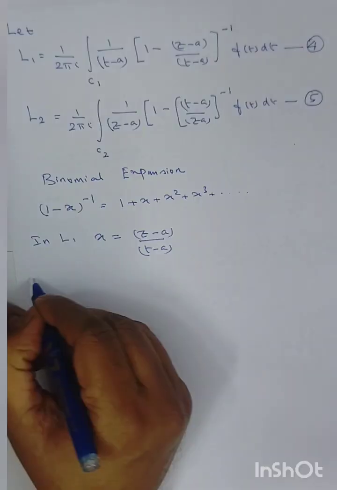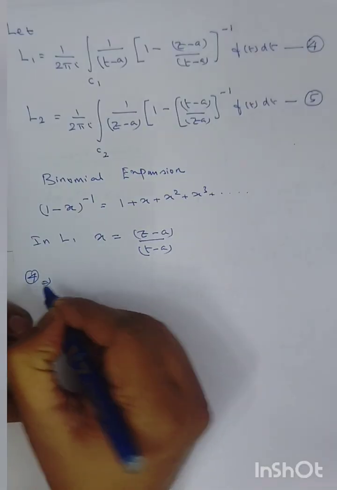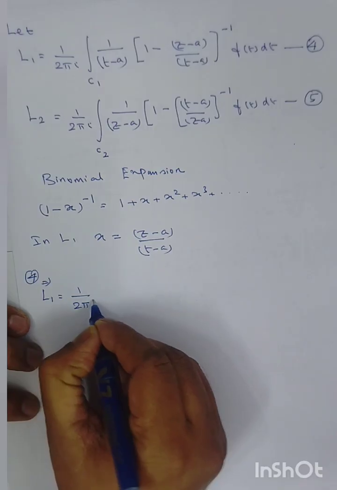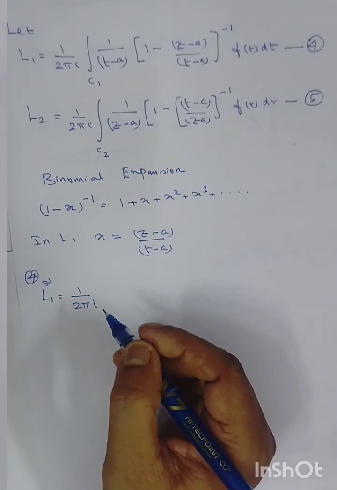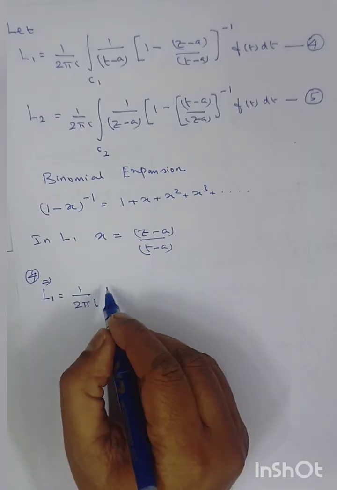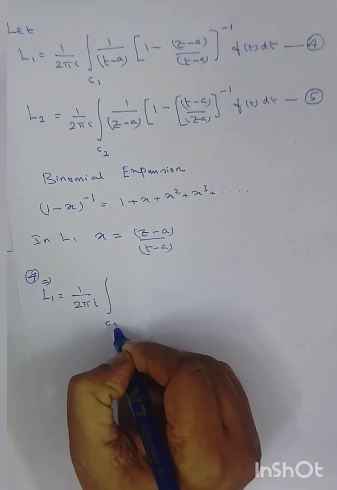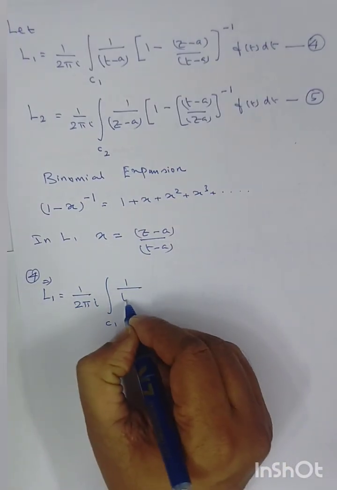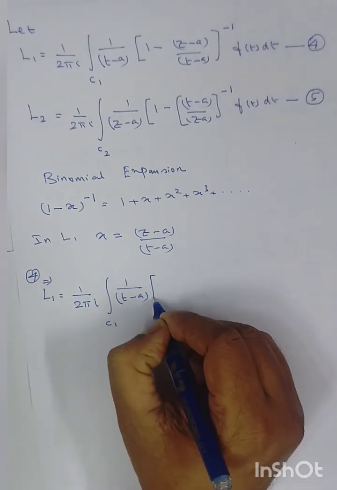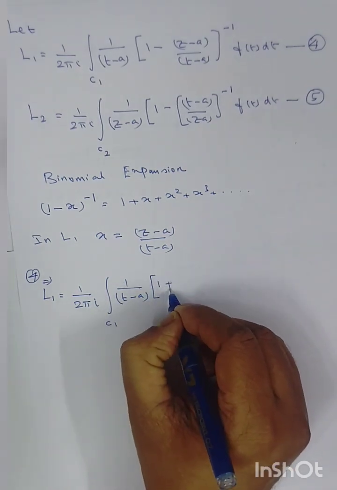So now equation 4 becomes L1 equal to 1 by 2 pi i, according to binomial expansion, integral C1 1 by t minus a, then the expansion is 1 plus x.